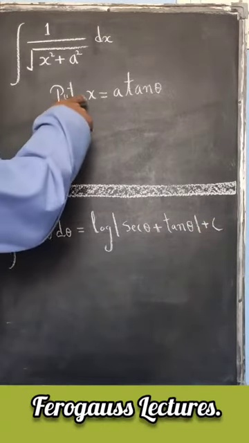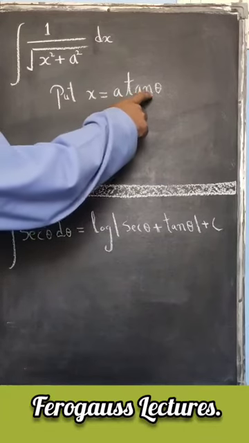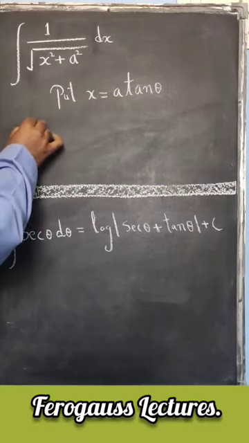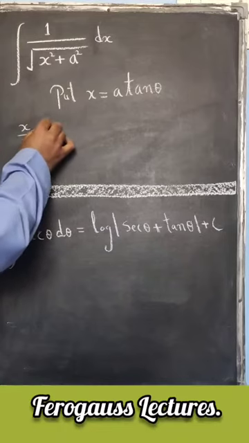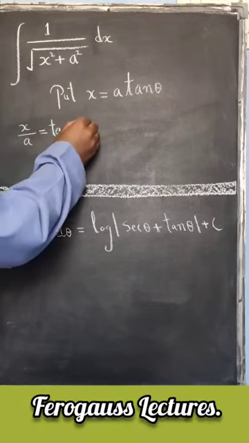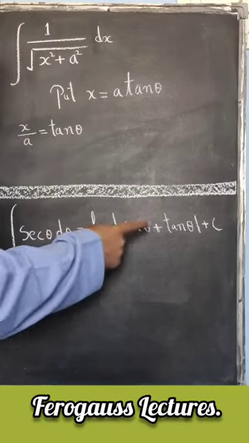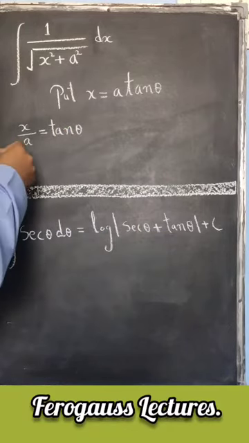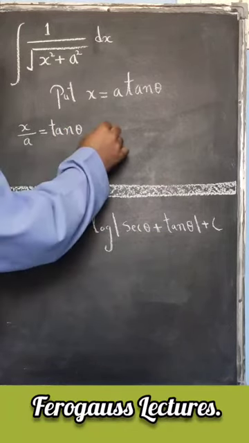Now here we have x is equal to a tan theta, so we can write x divided by a is equal to tan theta. So instead of tan theta we can write x by a. Also we know that secant square theta is equal to 1 plus tan square theta.